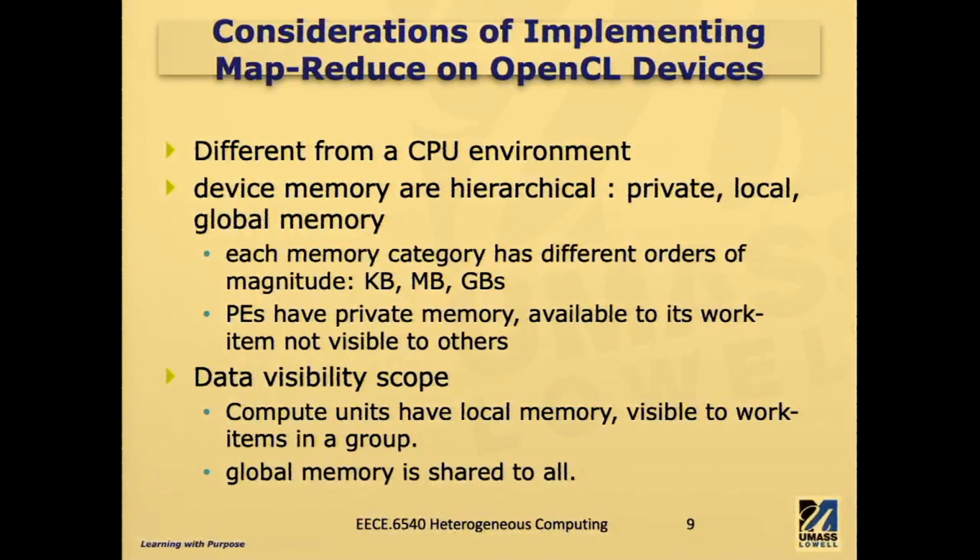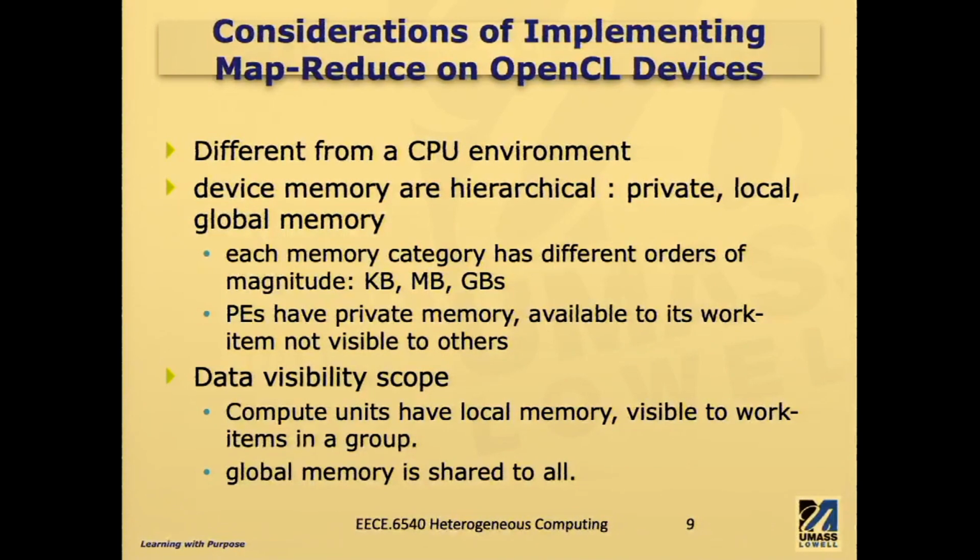If you go up one level, you have local memory. Local memory belongs to a compute unit, so all the work items in the compute unit can see the data in the local memory. The data in local memory is visible to work items in a group, but not across groups.